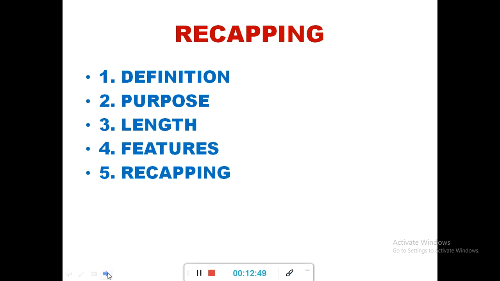In our definitions, we discovered that an article is a piece of writing in which an author expresses his or her views on a given topic of public interest, and is usually meant to be published in a newspaper, magazine, or journal.